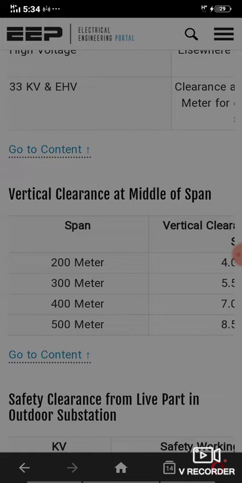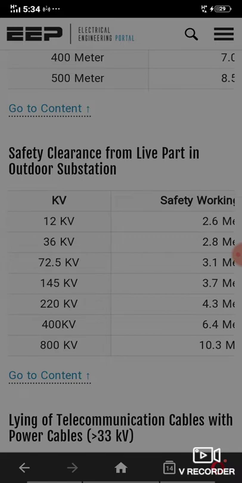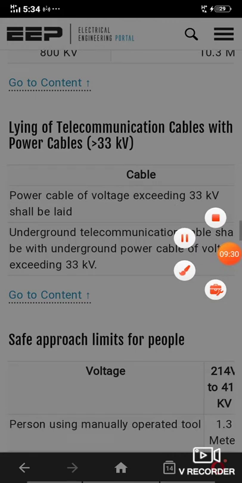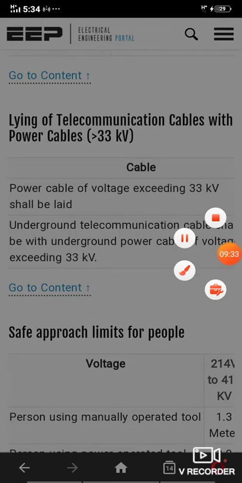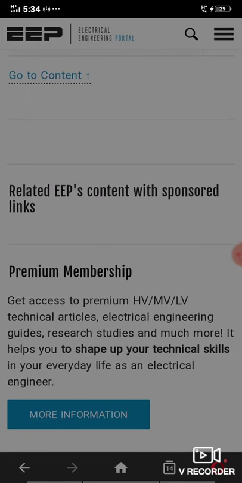vertical clearance size 200 meter, 300 meter, 400 meter, safety clearance live part in outdoor substation 12 kV, 36 kV, 72.5 kV, 145 kV to 220 kV, 400 kV, 800 kV, power cord for power exchange overshield late underground telecommunication cable and underground power cable, voltage exceed 33 kVA, safety approach, person using manually operated tools, person using power operated tool, get access to premium HVMV technology article, electrical engineering guides, research studies, and much more.